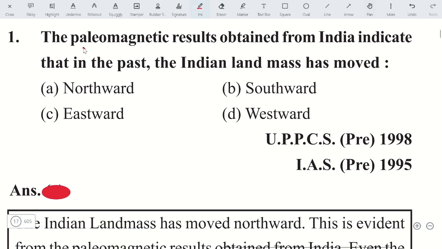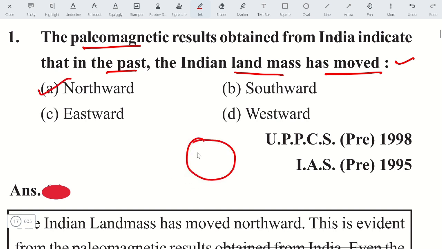The first question is: paleomagnetism results obtained from India indicate that in the past the Indian landmass has moved in which direction? Actually, it is northward. This was the Gondwana land, and India broke up from the Gondwana land and moved towards the northern direction. Remember this.